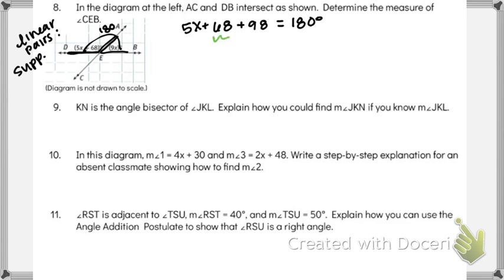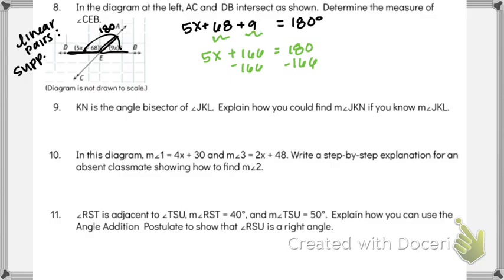Let's combine like terms. 68, that's 166. So 5x plus 166 equals 180. We're going to subtract 166 from both sides. Oh, so sorry, I just noticed I made a mistake.